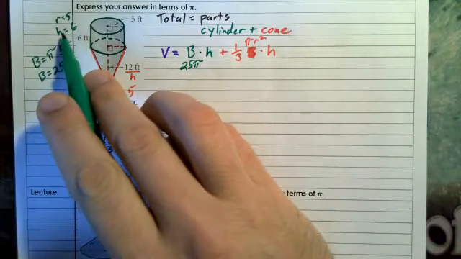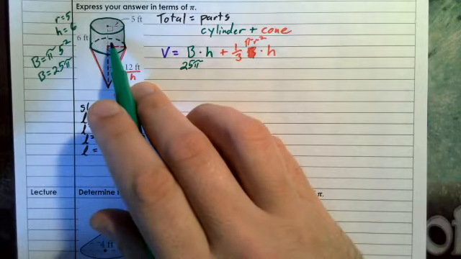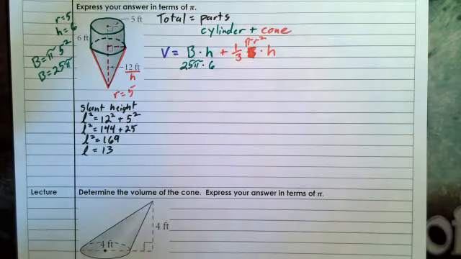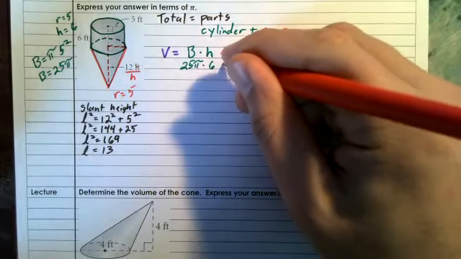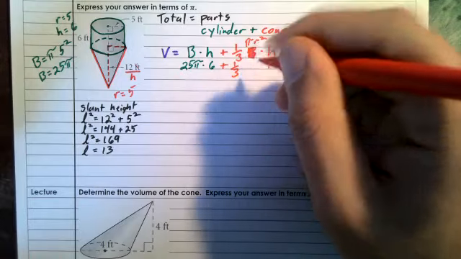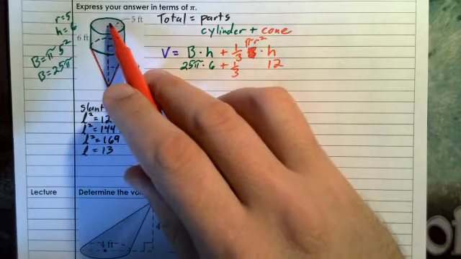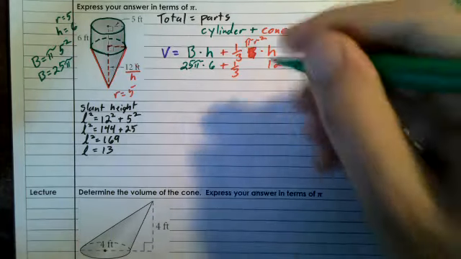This h, the height of this cone is different than the height of the cylinder. Height of the cylinder is 6, but the height of the cone is 12. 1/3. And then this pi r squared, this area is the same as that area, so it'll be the same as that. So the same 25 pi.